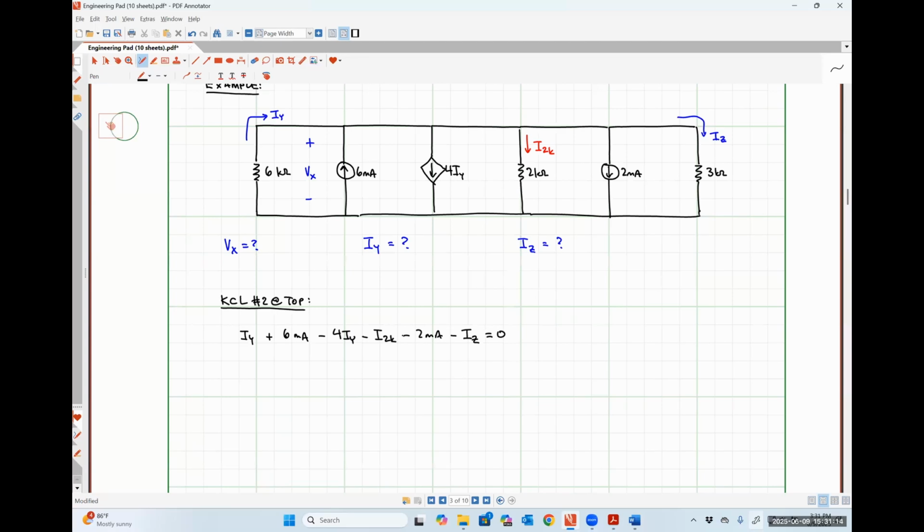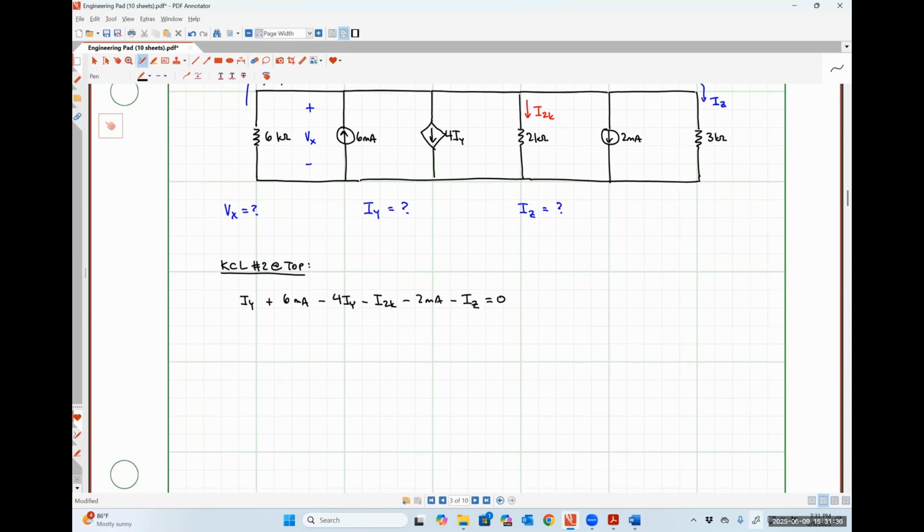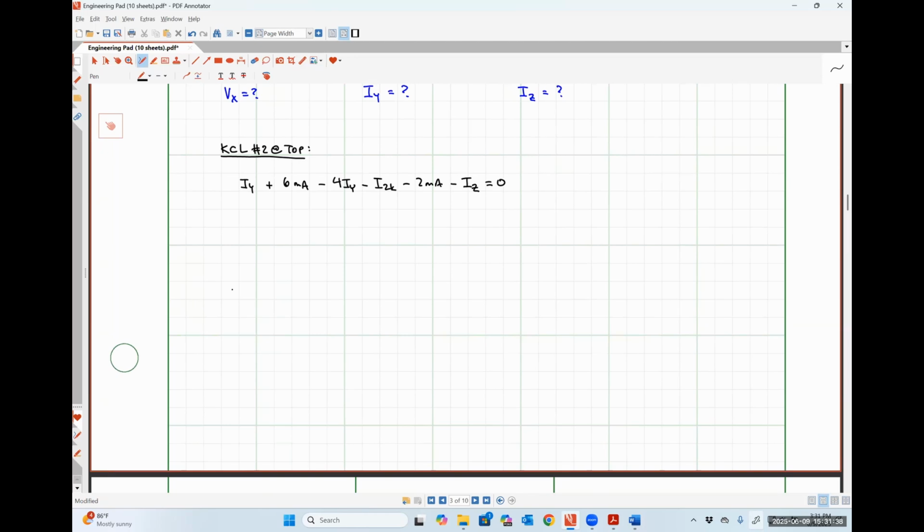So since everything in this circuit is connected in parallel, everything in this circuit has a voltage drop of Vx across it, positive polarity on top, negative polarity on bottom. So I believe that we can express all of those currents in terms of that voltage Vx using Ohm's law. So that's going to be my next step. And I'm going to give myself some room.